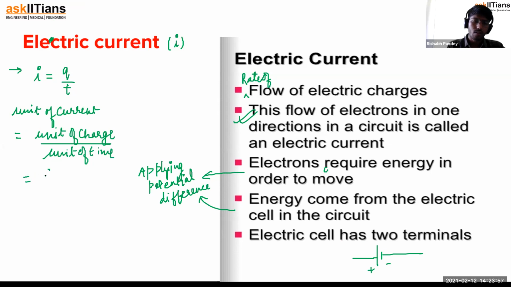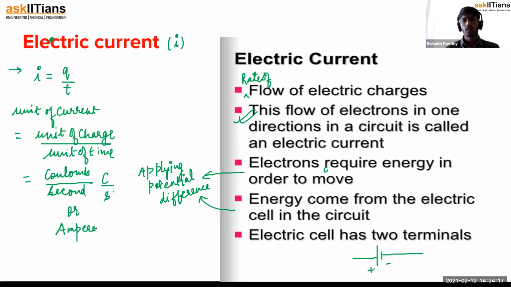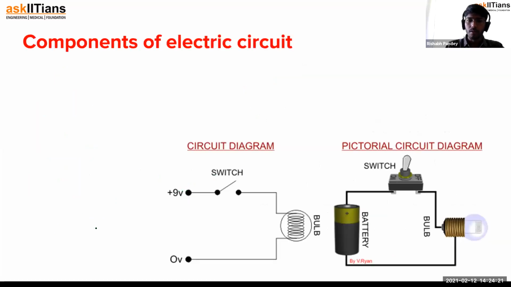The unit of charge is coulomb and the unit of time is second. So the unit of current can be coulomb per second, or you can also say it in a common term, that is ampere. So for the unit, we can either write coulomb per second or ampere.